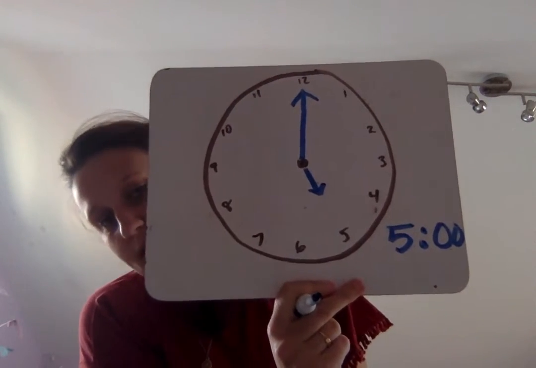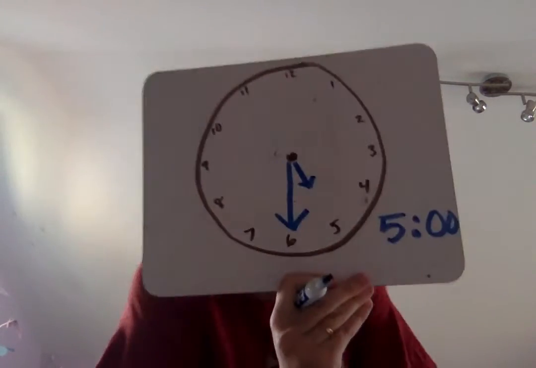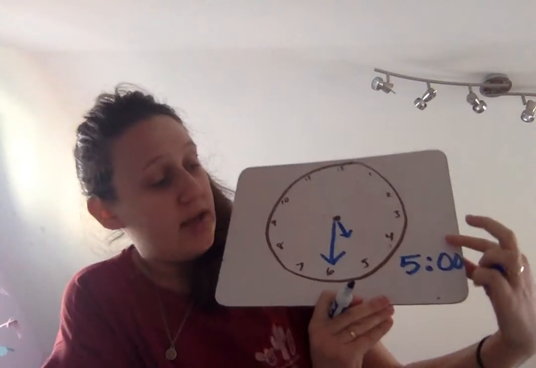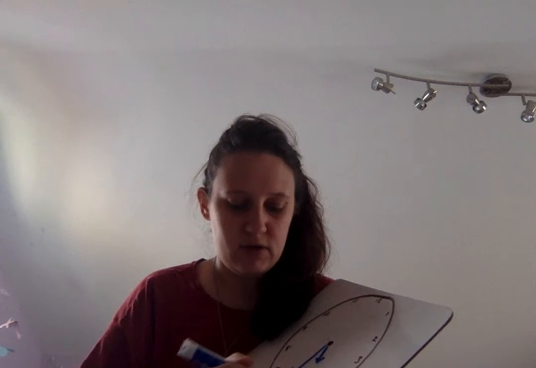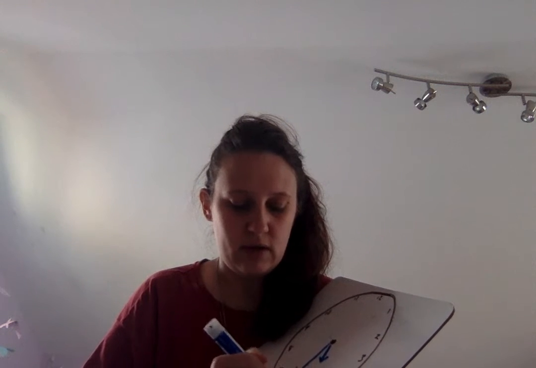The last one was 3 o'clock. Now, what if we move the minute hand? Let's change the position of the big hand, the minute hand, and we're going to point him straight down. Straight down. It doesn't say 5 o'clock anymore. It says something else. Now, it's still on the 5, since it's still right after the 5, because time goes this way.